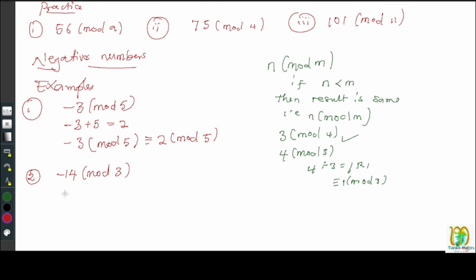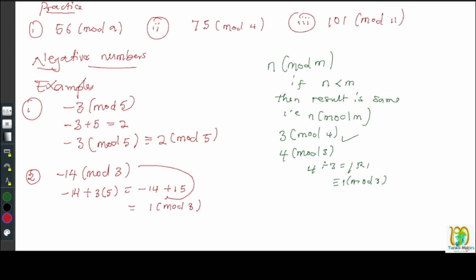You write -14 plus 3 multiplied by 5, which is equal to -14 plus 15, and that gives us 1. So -14 is congruent to 1 mod 3.